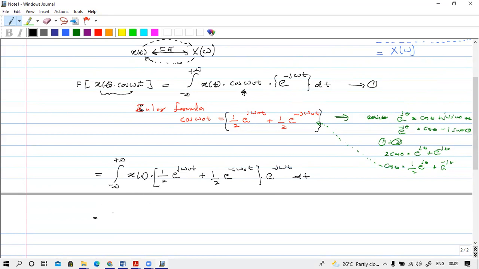Using the linearity property, I can write these terms separately, this integration and this integration. This term also should be multiplied by e^(-j omega t), this one, and this one also should be multiplied by e^(-j omega t).